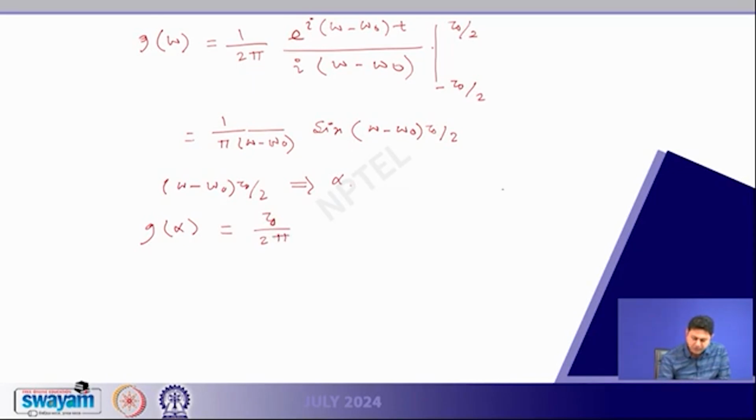If I write the entire thing in terms of alpha, it should be sine alpha whole divided by alpha, where alpha is defined by (omega minus omega naught) tau naught divided by 2.